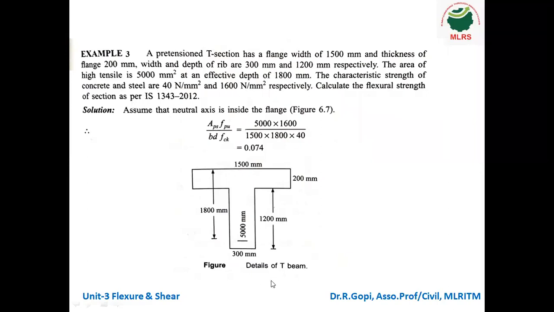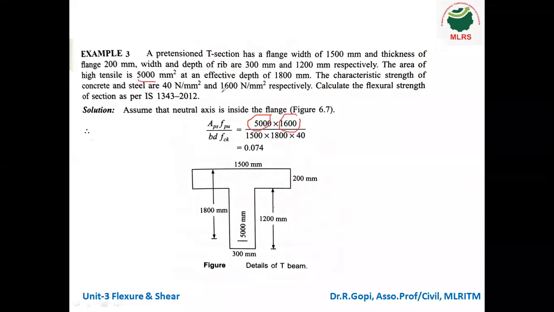First step, we have to assume the neutral axis lies within the flange. First write the formula: APS into FPU divided by B D FCK. This is the diagram as per the given question. What is APS? Pre-stressing steel area 5000 mm square into FPU 1600. It is given in the question.